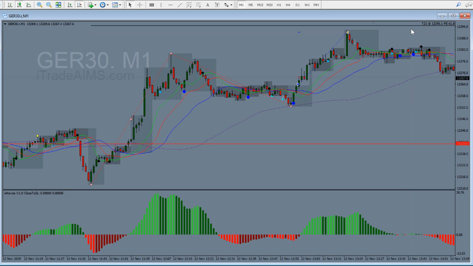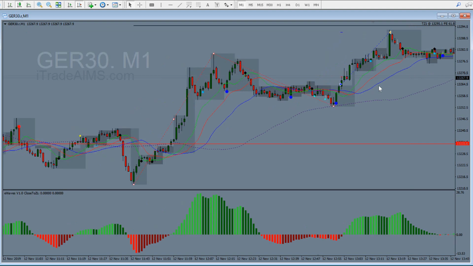This was... it's like I made it up. Look at this. Can you predict the market like that? Like, oh, the market's just going to stop there. I knew it, let's say, 20 candles ago.